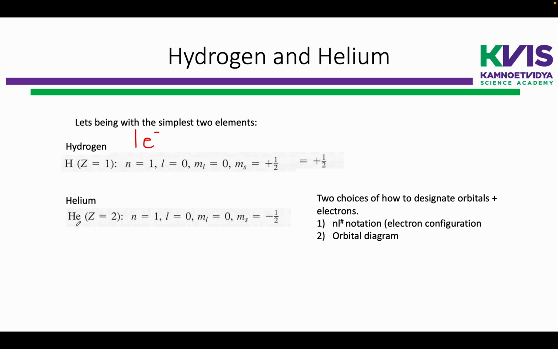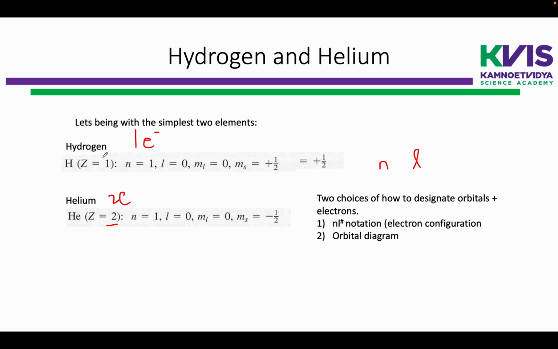Helium, you have two protons, which means you have two electrons. So now we have to find a way to put these electrons in the electron configuration. And there are two ways. The first way is the nl number notation. n is the principal quantum number, l is the angular momentum quantum number, and the number over here indicates the number of electrons.